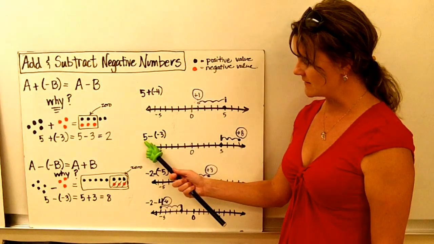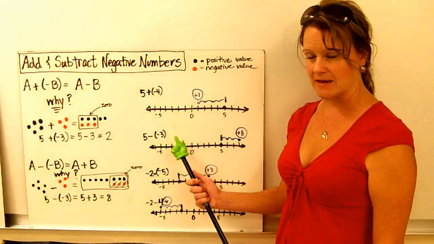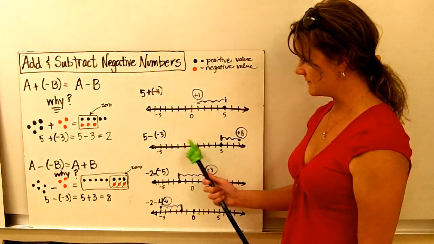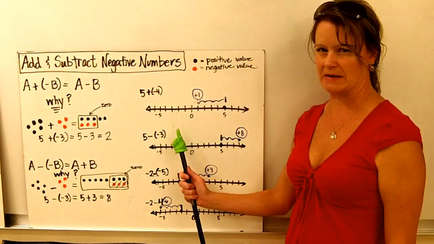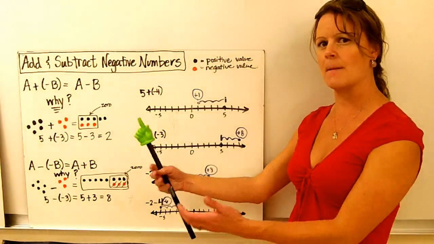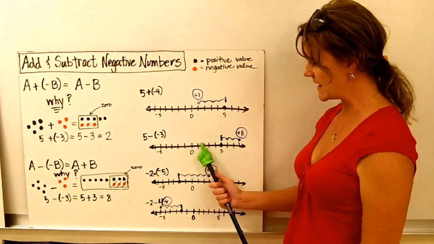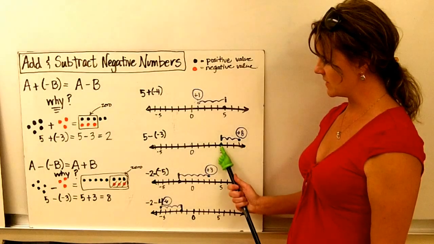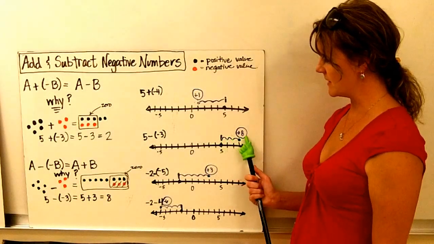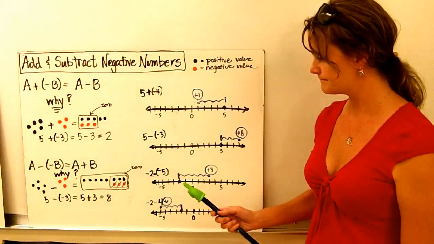If we have an example where we have a positive number minus a negative number, here we are at positive 5. Think of this as taking away negatives, and if you take away negatives, you're going to become more positive. So here we're becoming more positive by 3. We start at 5, become more positive by 3, and we end up at positive 8.